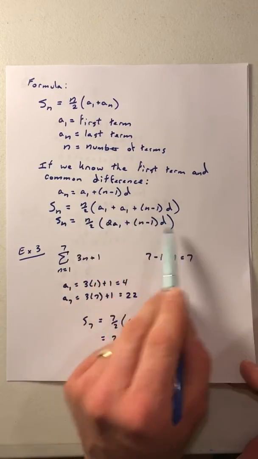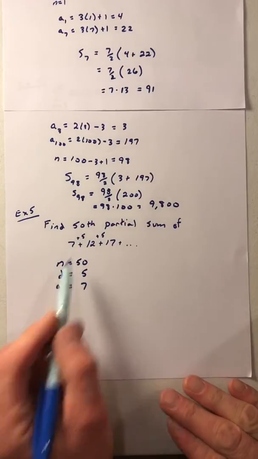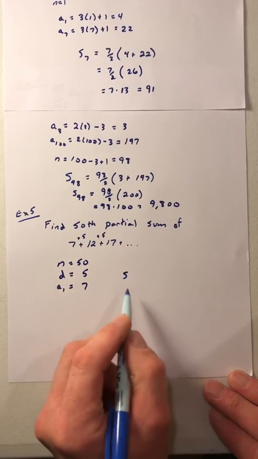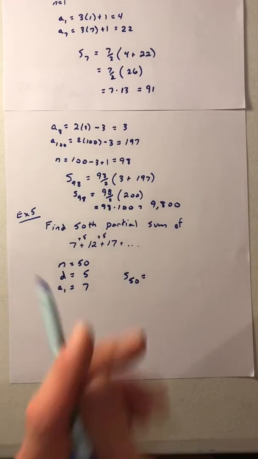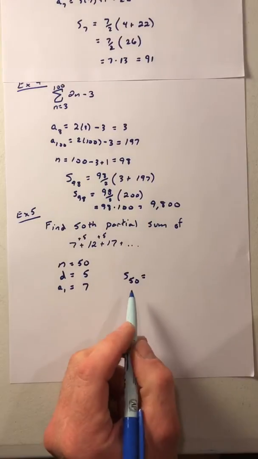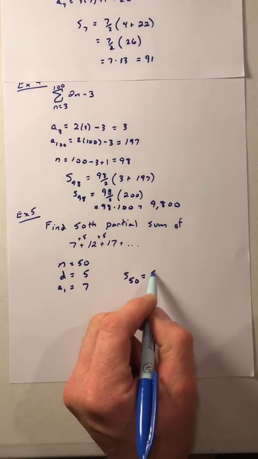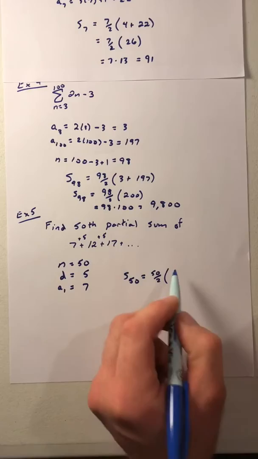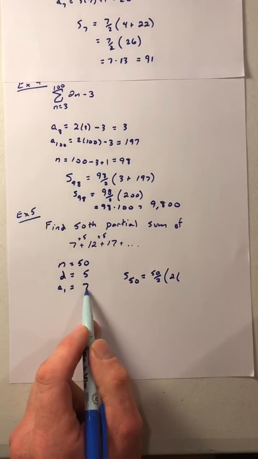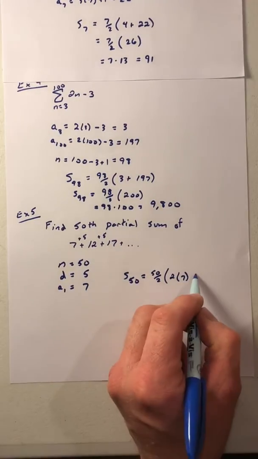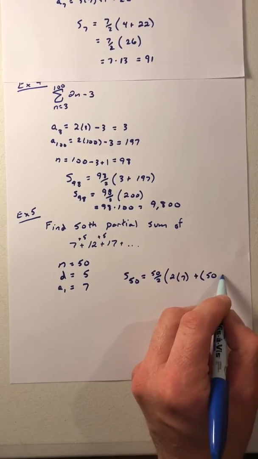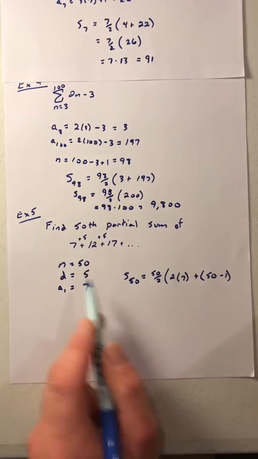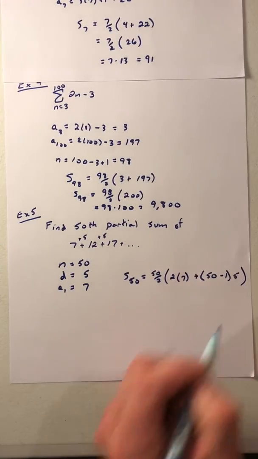So using that information, I can find the sum of this 50 terms by plugging that information into that alternate equation. So I know that S of 50 is going to equal 50 divided by 2 times 2 times now my a sub 1, which is 7, plus n, which I have 50 terms in this case, minus 1 times my d value of 5.